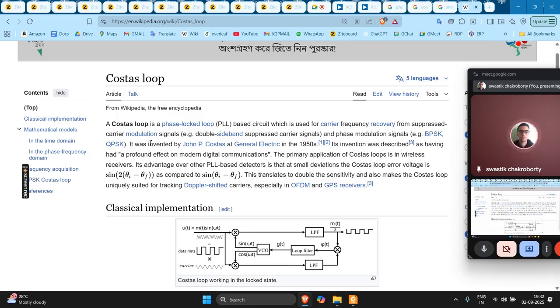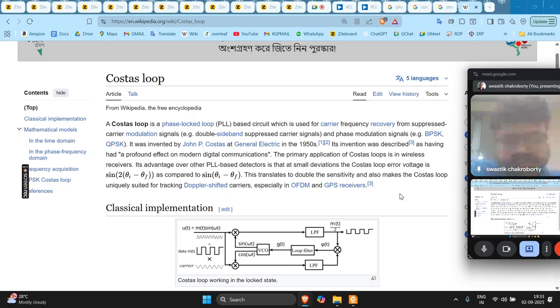So when there is a full carrier modulation, you can easily filter out the carrier. But when there is a suppressed carrier modulation, filtering out the carrier is not that easy, because the carrier frequency component is actually 0. So from the side bands you have to infer the value of the carrier frequency.